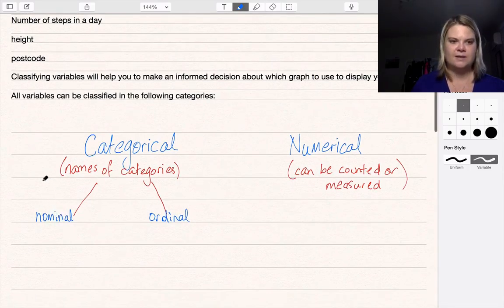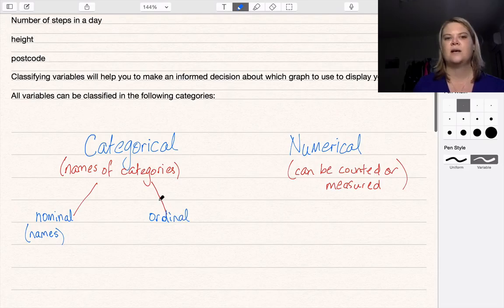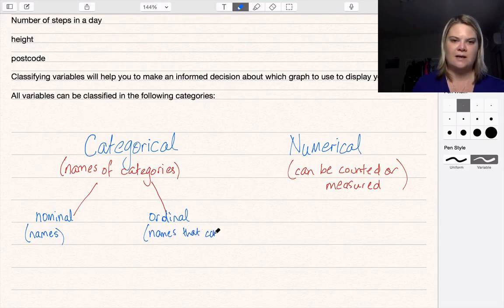Nominal data is the data that just has the straight names of something in it. Ordinal data also has the names of categories in it, but it's something that can be ordered. So names that can be ordered.